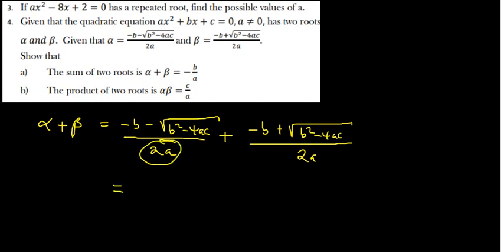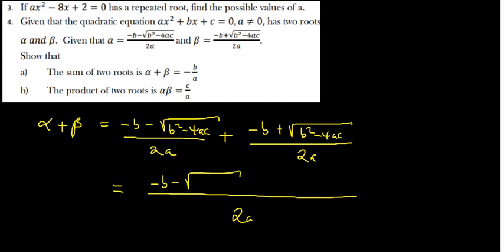Now you can see the denominator is the same, so simply write one big line, put the 2a, and then add the numerators: negative b minus the square root of b squared minus 4ac, and then you have also negative b plus the square root of b squared minus 4ac.